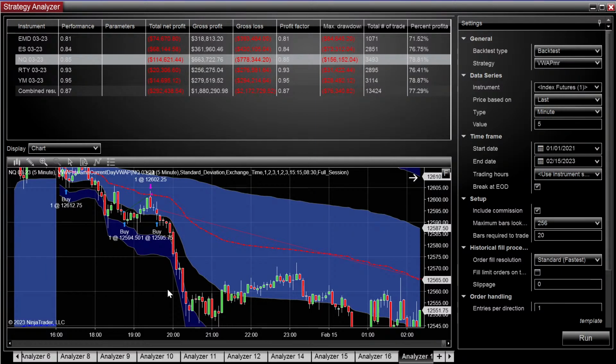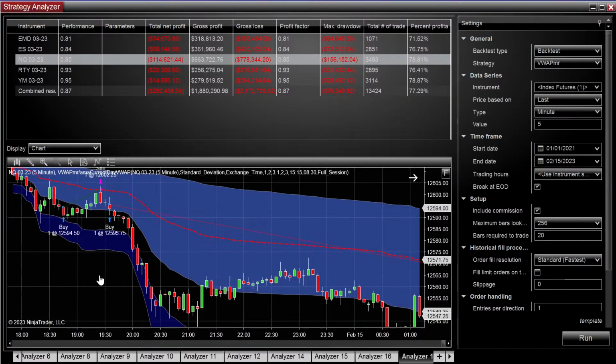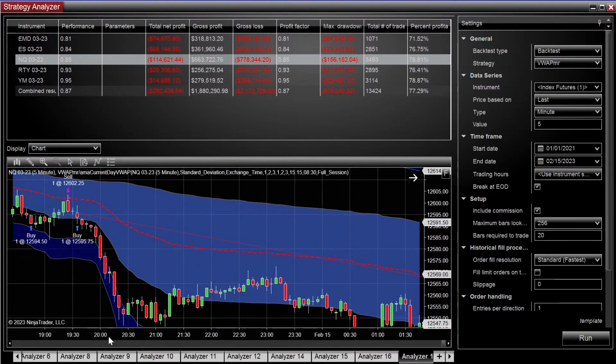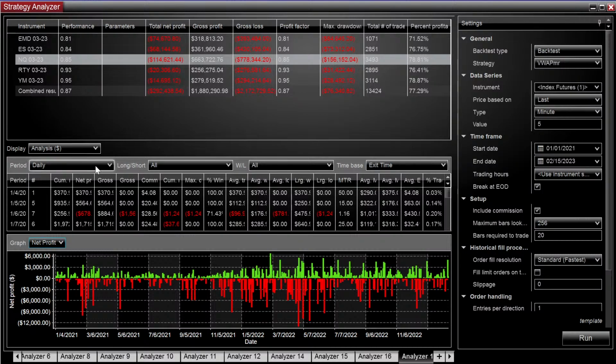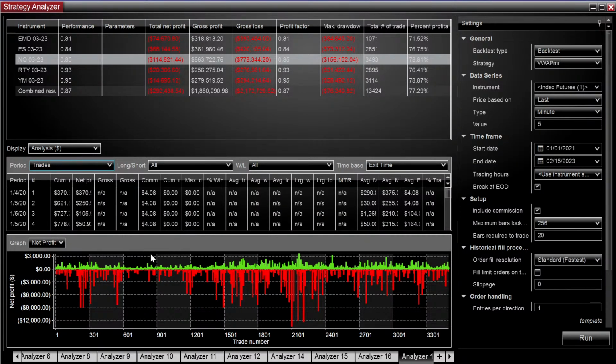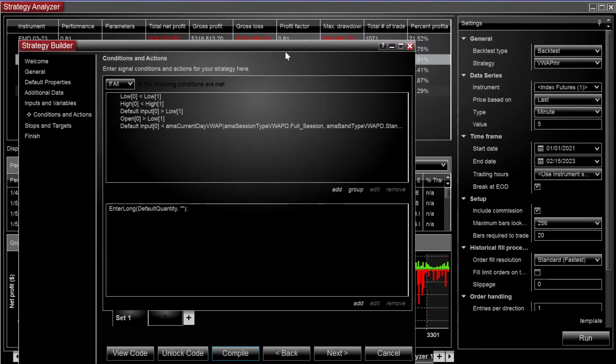So right off the bat, initially, it doesn't have a capped stop loss. So we can look at the net P&L per trade. See how the P&Ls to the downside are a lot larger than the P&Ls to the upside. So we can give it a pretty simple stop loss.